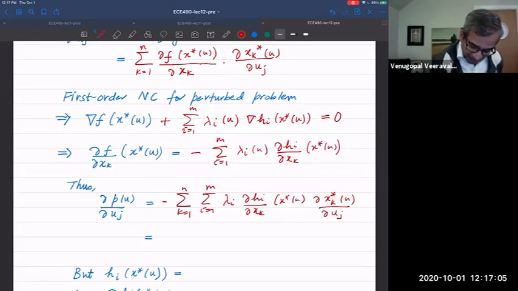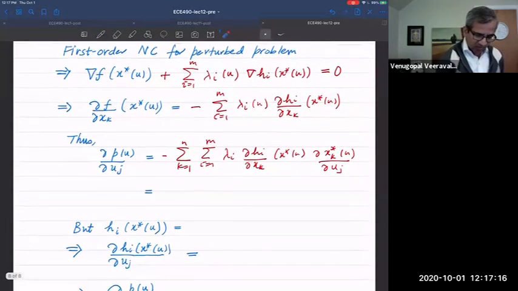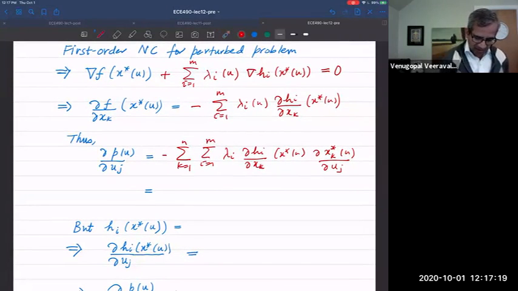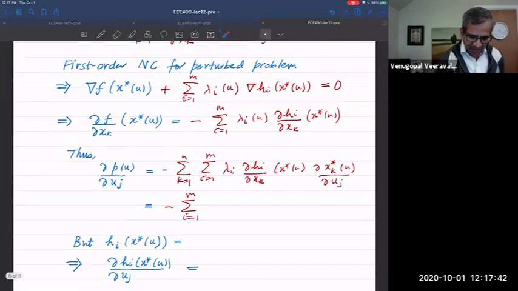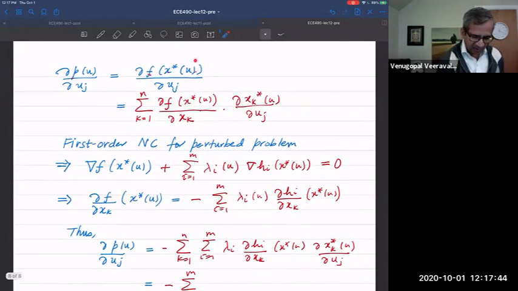But then I can combine these two by using the chain rule. So this term and this term can be combined to just get the partial of h_i with respect to u. So I can write that as minus the summation i equal to 1 to m. I take this summation inside, and the summation of these terms is going to look like what I had here.